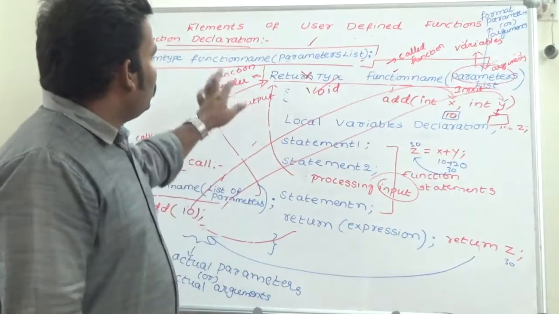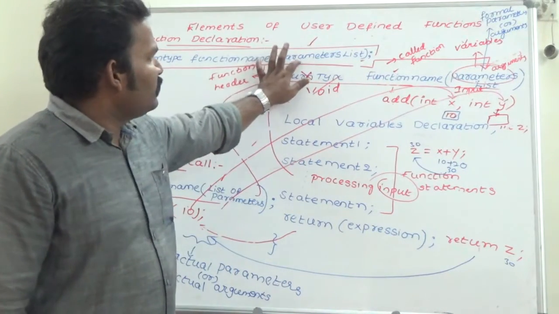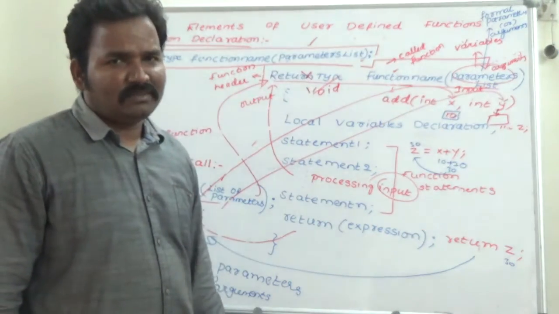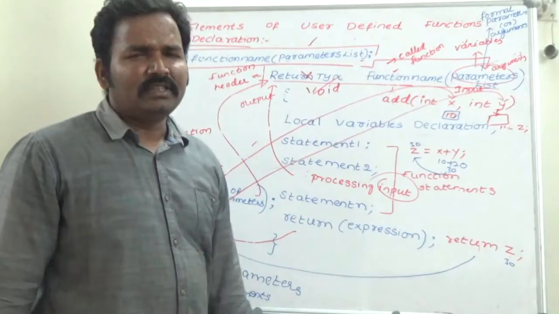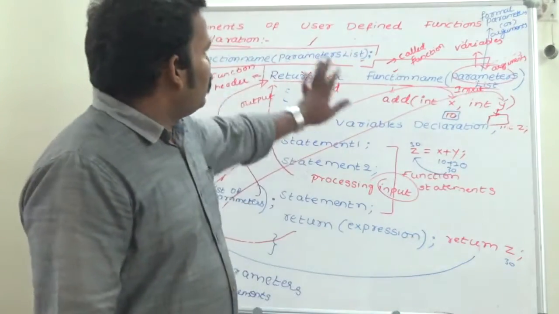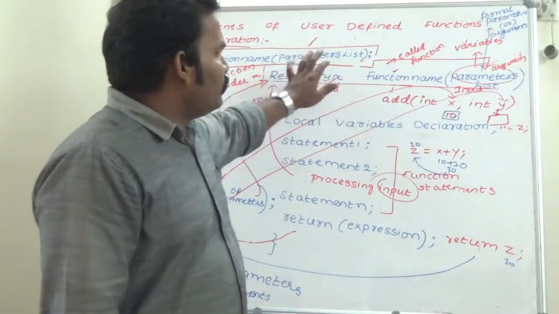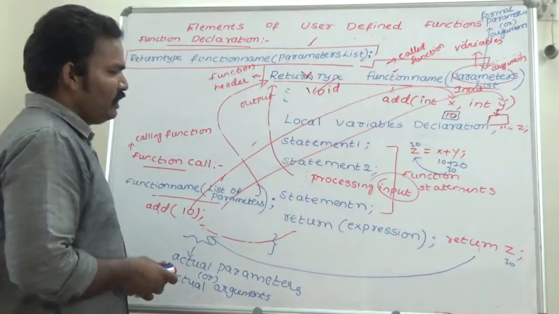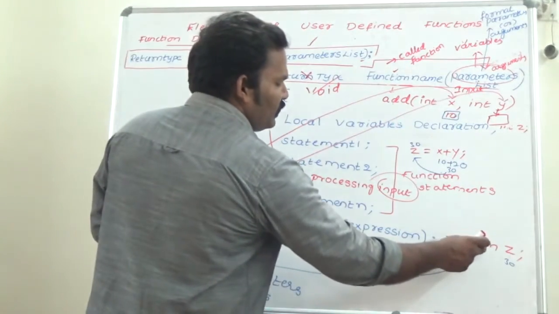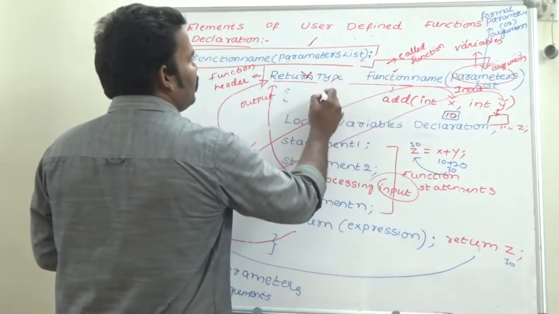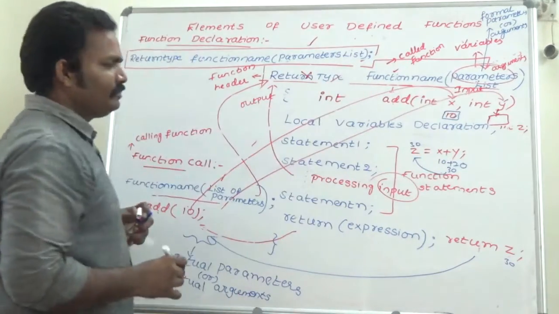So here in function declaration, the parameters should be separated by commas. And here we have to declare the add function. So what does it return? 30. So 30 means here we have to take the return type as int.